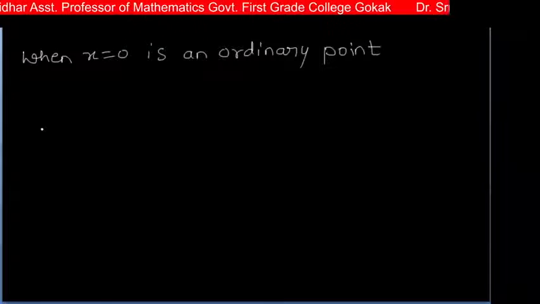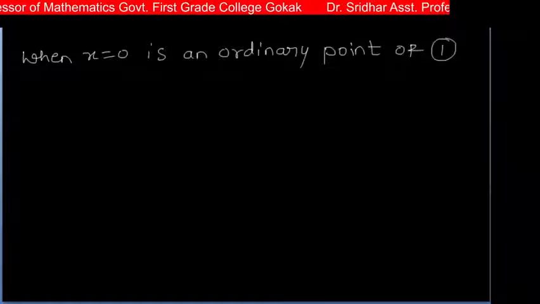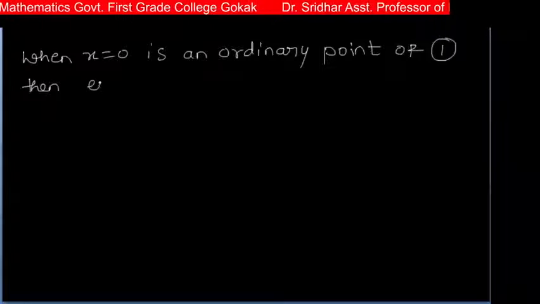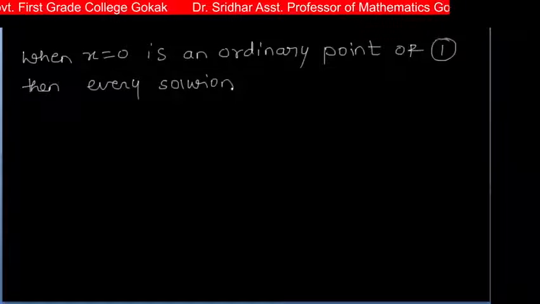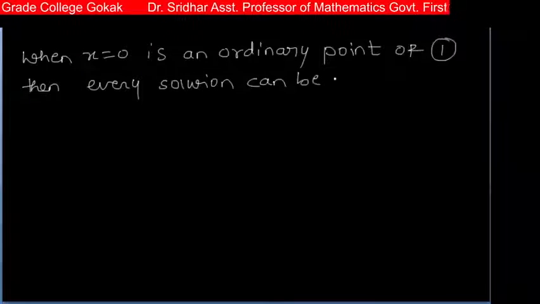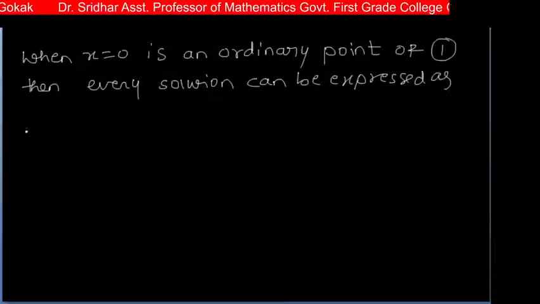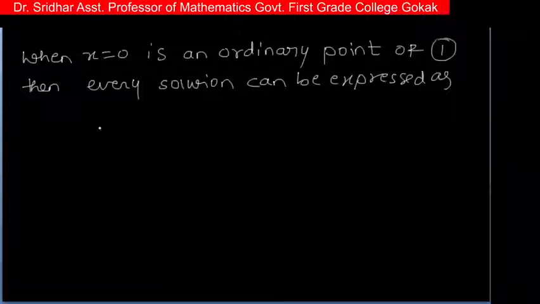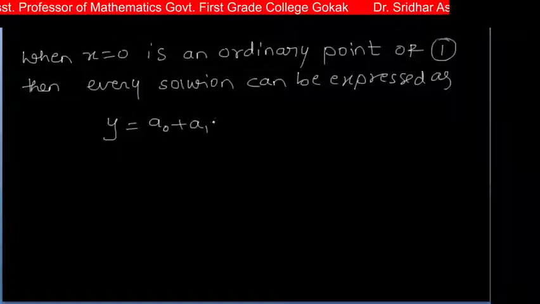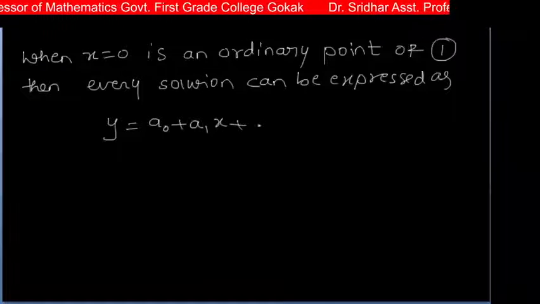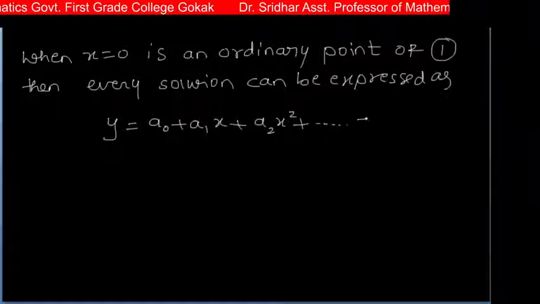When x equal to 0 is an ordinary point of equation 1, then every solution can be expressed as y is equal to a naught plus a1x plus a2x square plus and so on.